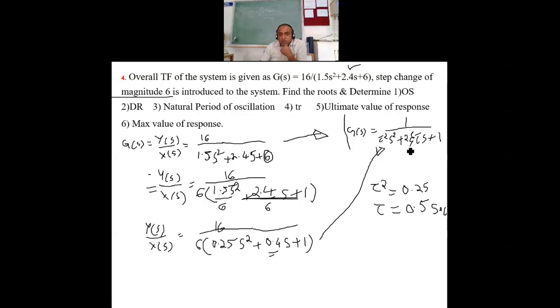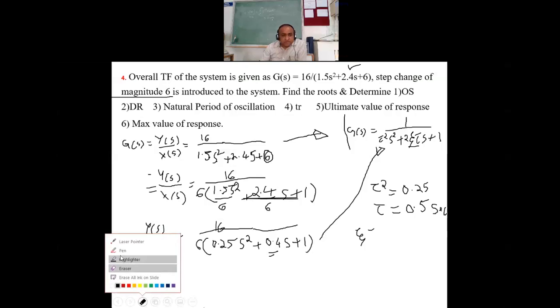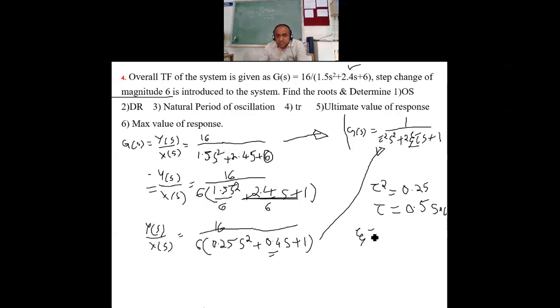Now go to this term, 2 xi tau. If you compare, 2 xi tau equals 0.4. So what is the value of xi?